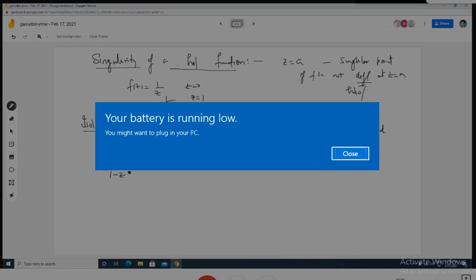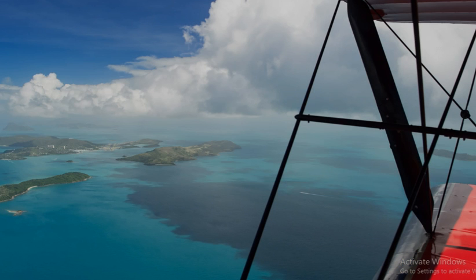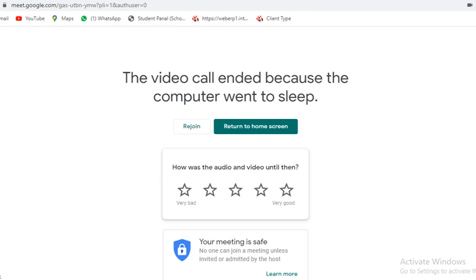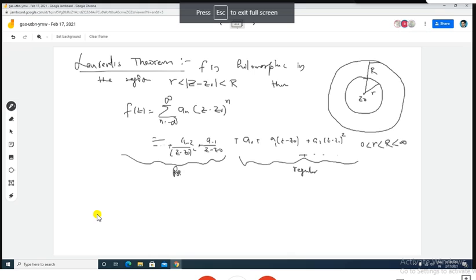So this 1/(1 minus z), if you expand in mod z less than 1, and this negative power of z minus z0 is called the principal part of the Laurent series expansion, right? Principal part of the Laurent series expansion.